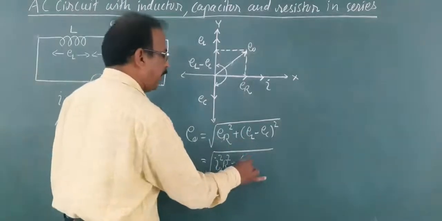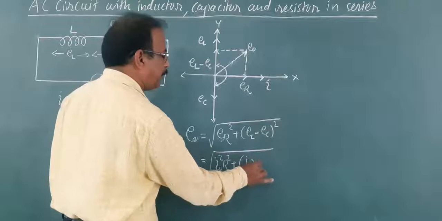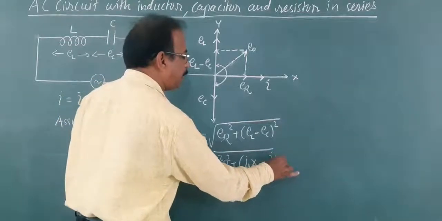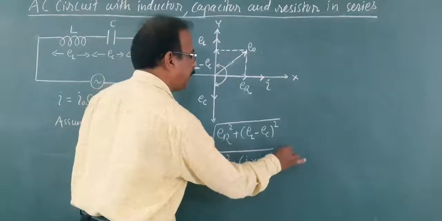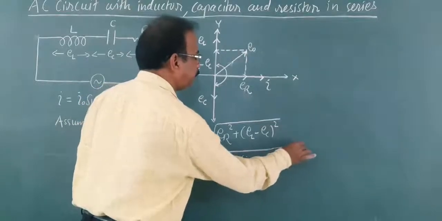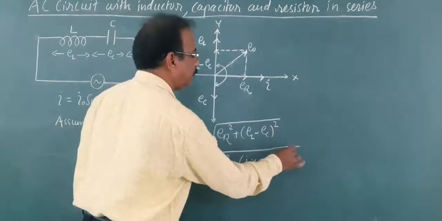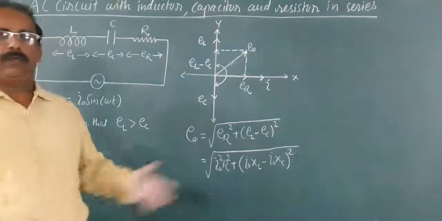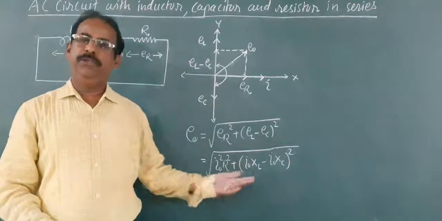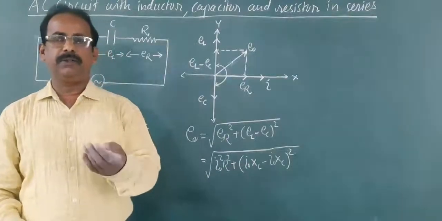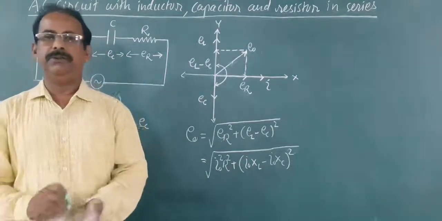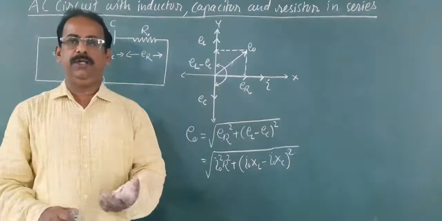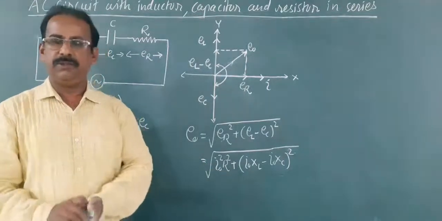Similarly, this EL is I0 into XL, minus this I0 into XC, bracket square. Current into reactance gives us EMF across the inductor and capacitor. Current into resistance gives us EMF across the resistance.